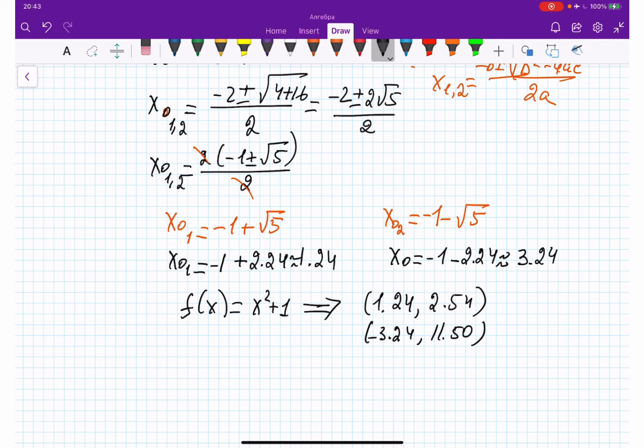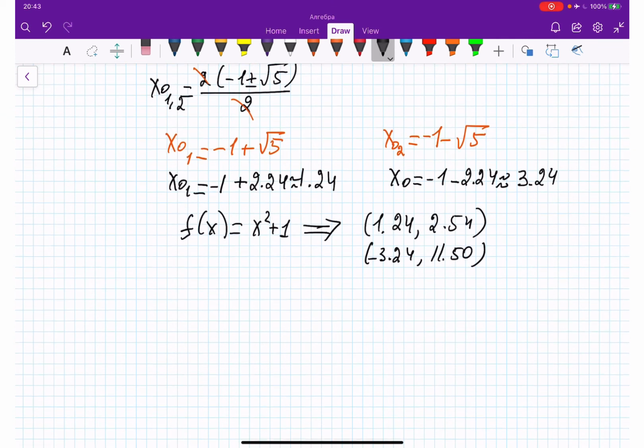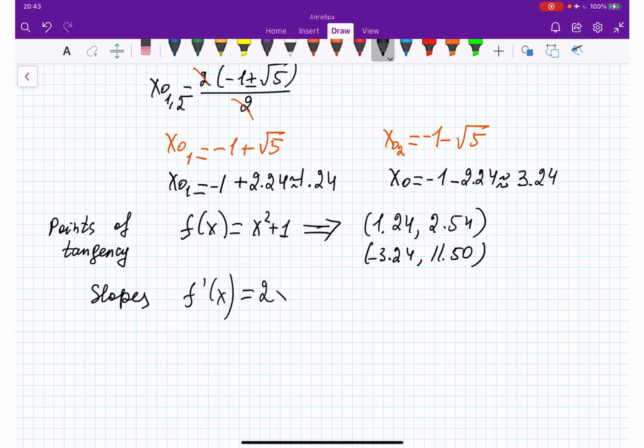All right, and corresponding slopes are going to be for slopes. Okay, so here I write down points of tangency. And here we have slopes. So it's going to be f prime of x. We have 2x, right?